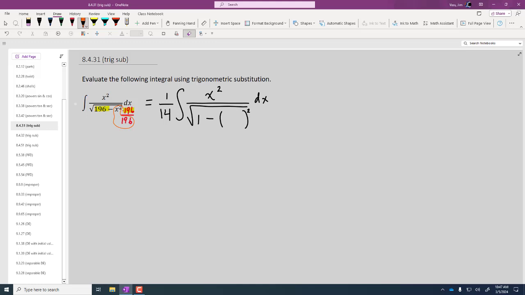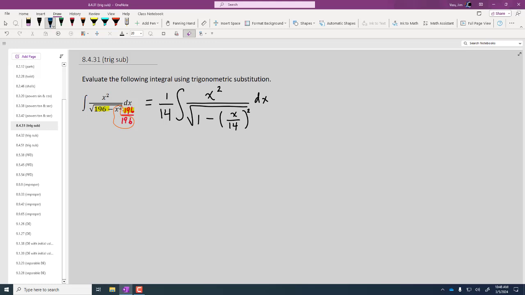So x divided by 14, quantity squared. Now we have it like we want it.